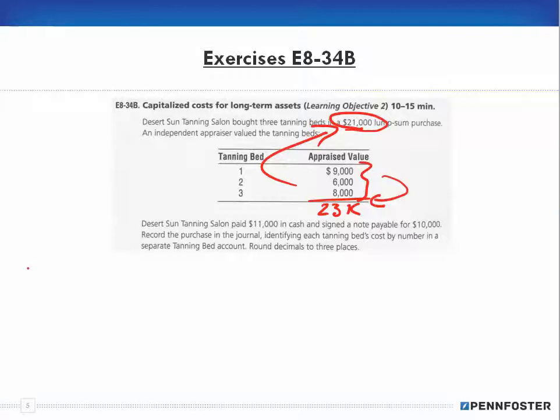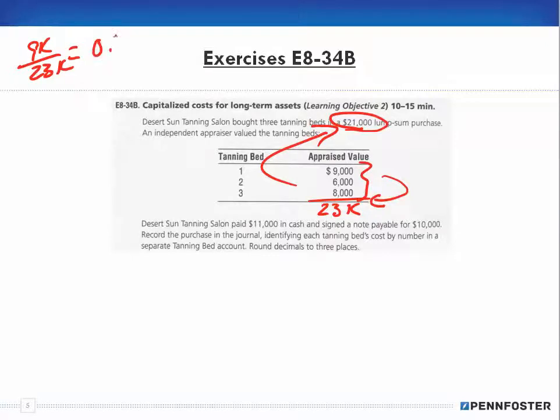So if we have, and I'm going to do the math over here, 9,000 divided by 23,000 is, all right, let's do it like this.